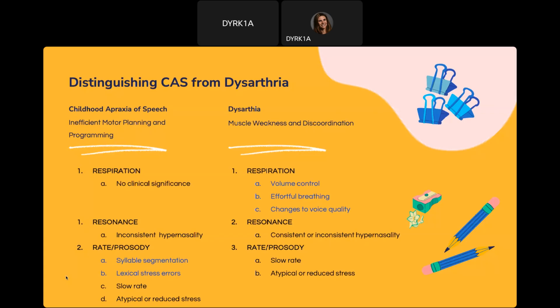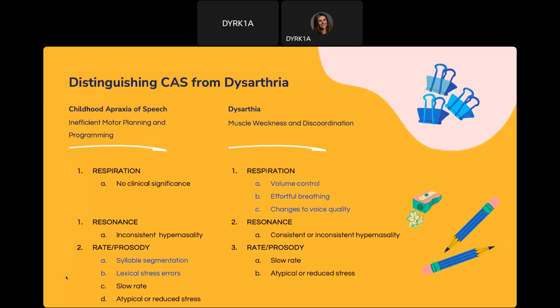So going to the systems, respiration for apraxia of speech, there's not really any clinical significance, but for dysarthria, there is a lot of clinical significance. We have poor volume control, so we might be too loud or too soft habitually, or it's going to fluctuate a lot.